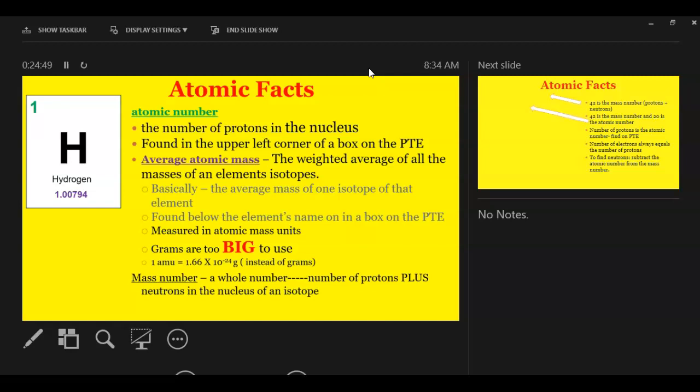So the mass of hydrogen 1 is going to be closest to this mass right here, but we're still going to take into account the mass of these 2 when we're talking about the atomic weight. So the atomic weight is literally a weighted average of all of the elements' isotopes.